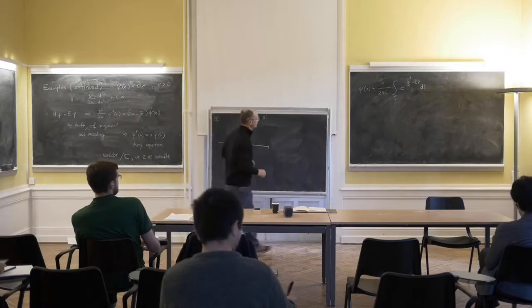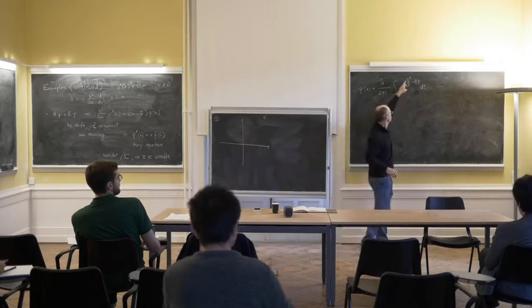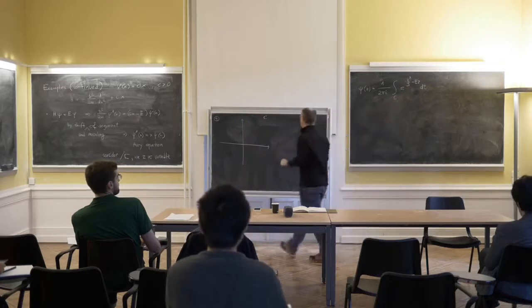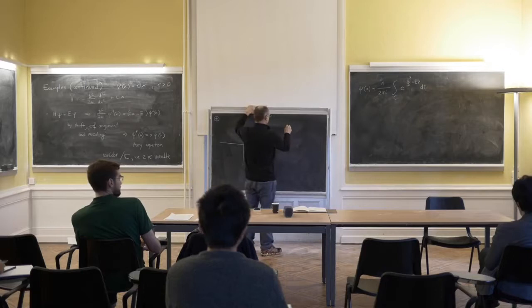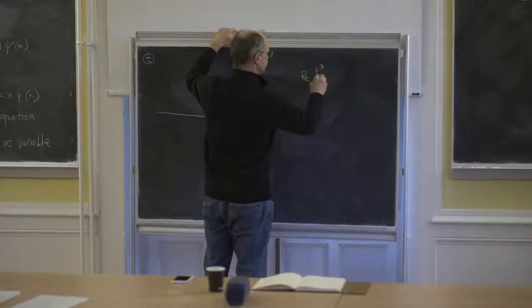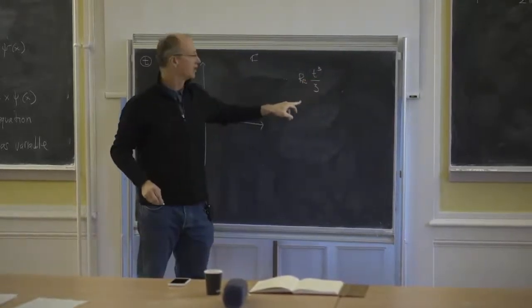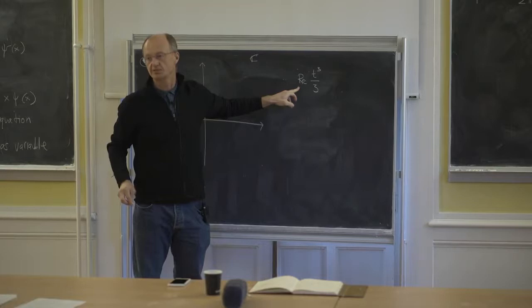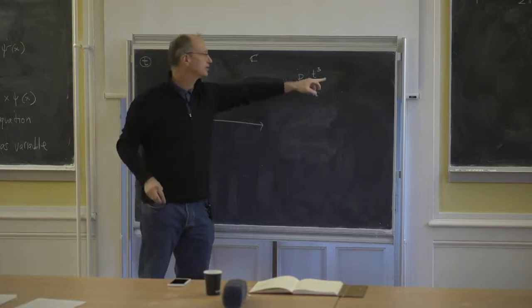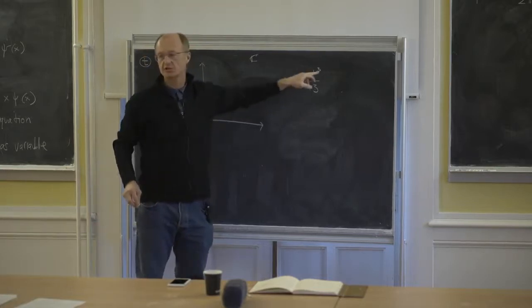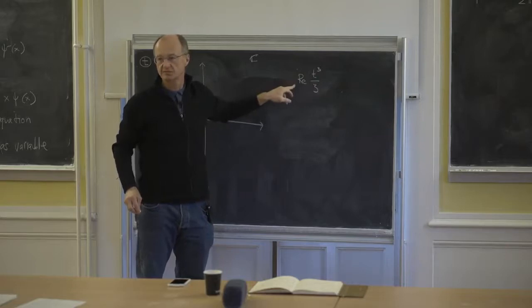Now, note this expression t cubed over 3. Let's look at this thing, and let's look at its real part. For us, it will be important whether this real part is positive or negative.